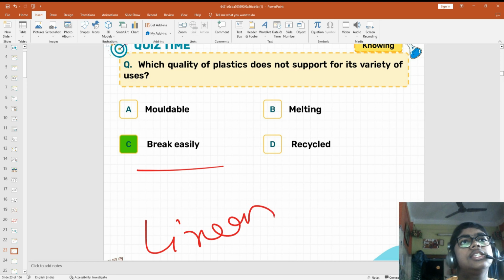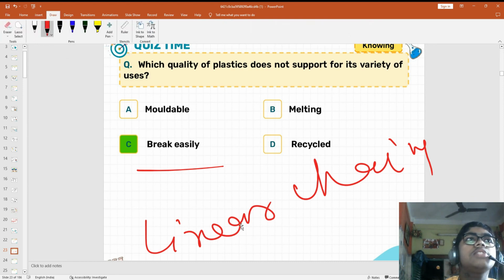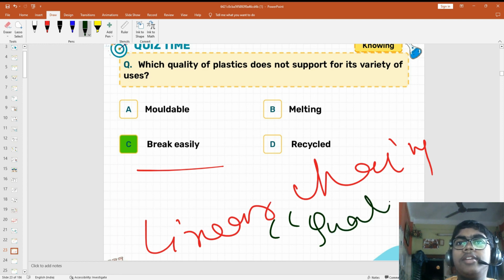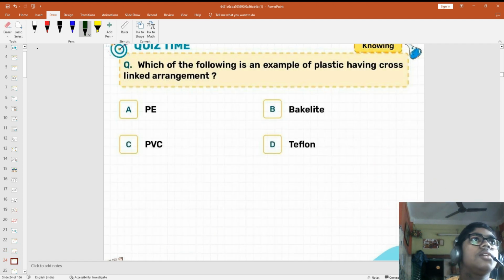Linear chains, right? When we learn about the qualities or characteristics of plastics, at that time we are going to see it. So if you have not got it right, no worries.